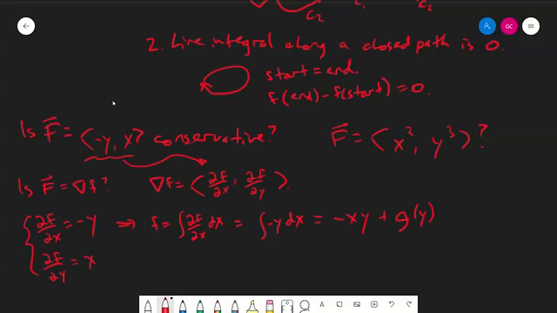Any function that looks like negative xy plus a bunch of y stuff will have an x derivative which looks just like negative y. Okay, so I want something like that. I could then do the same thing with this one down here. Say, if the partial of f with respect to y, if I want that to be x, then that means I want f to be the y integral of that y derivative.